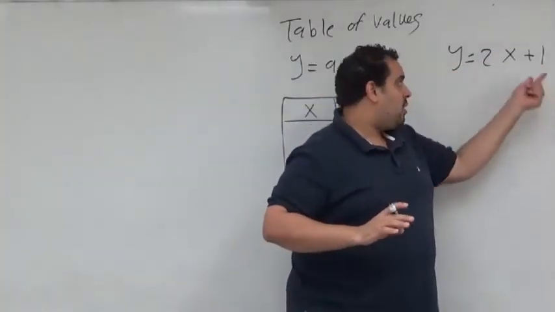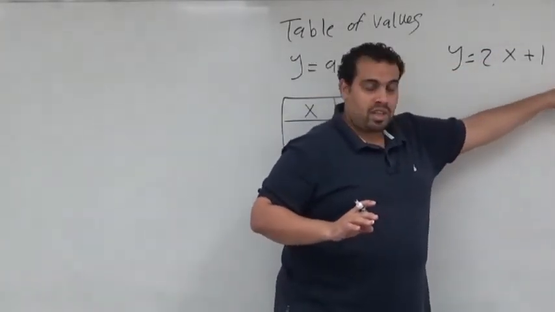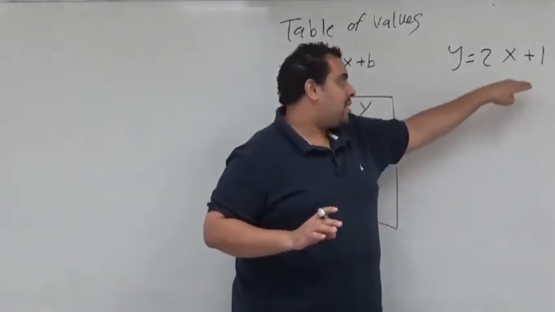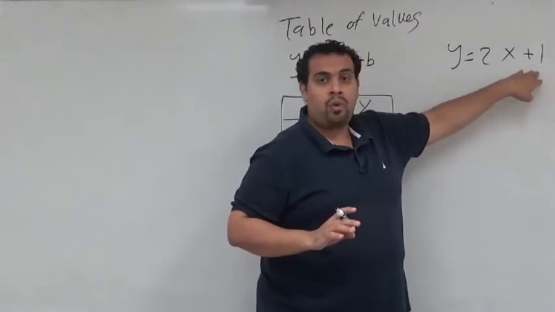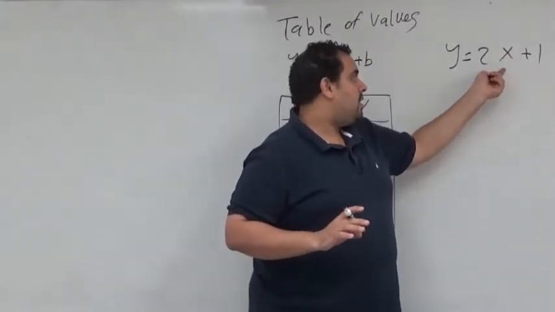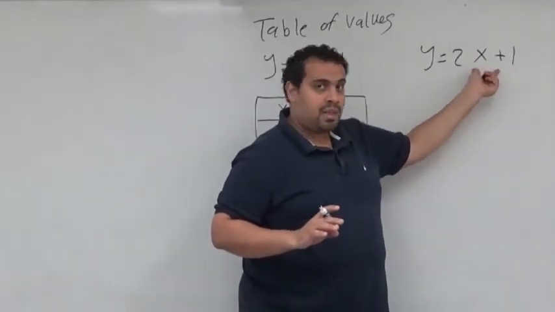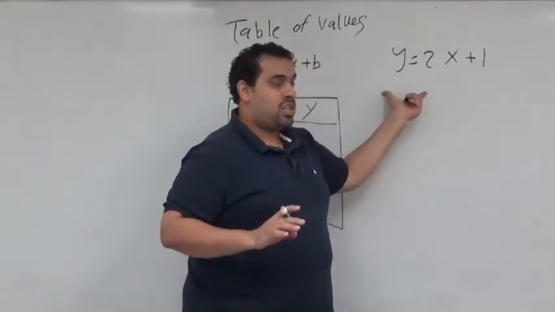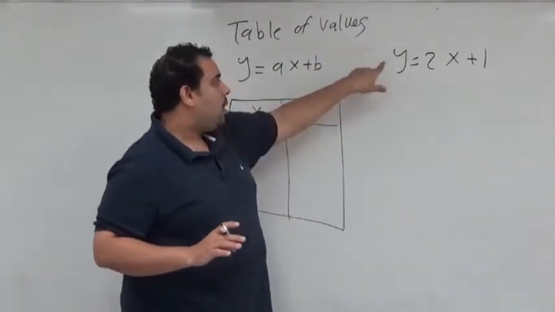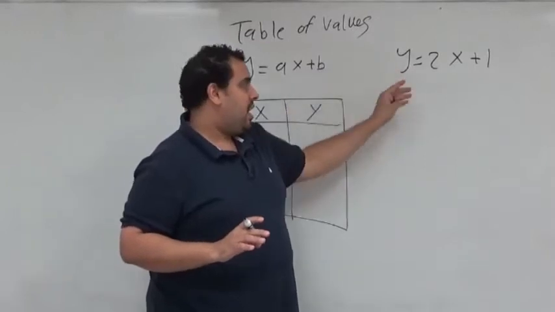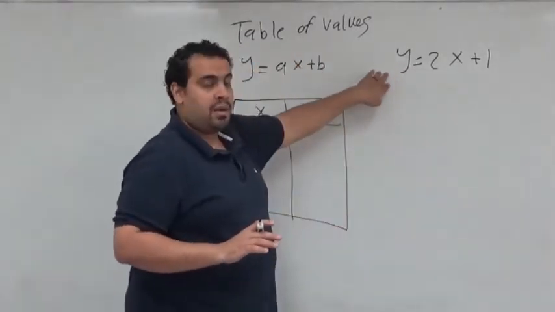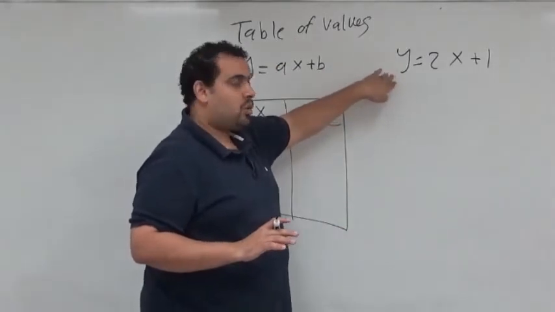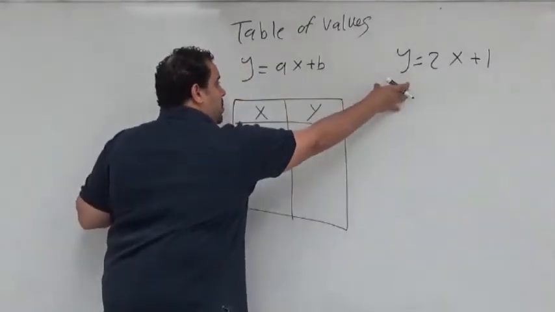As we said before, the 1 represents where my line cuts the vertical line of the y-axis after I graph it. Here, that will be 2x plus 1. Now the equation is ready. It's in standard form: y by itself, positive, everything else on the other side, and there's nothing multiplied, divided, subtracted, or added to y. So now this equation is in standard form.